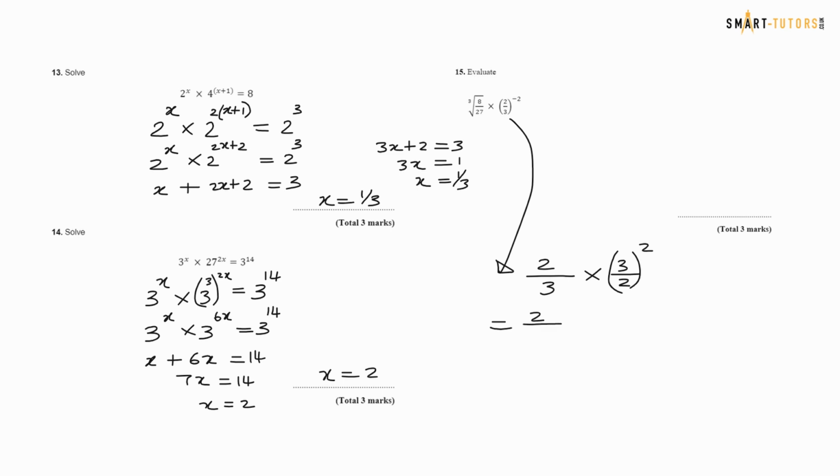So 2 upon 3 times 9 upon 4. 2 cancels with 2 here, 3 cancels with 3. So the answer is 3 upon 2. So the answer for question number 15 is 3 upon 2.